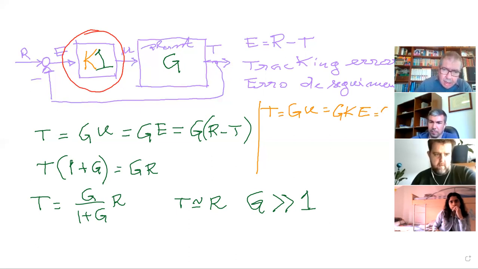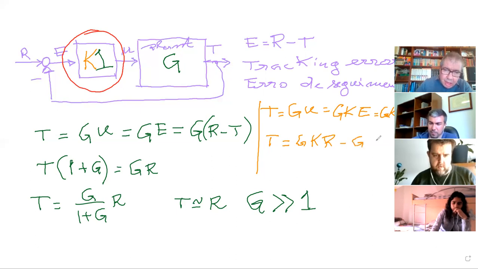G, K, and then expressing E as R minus T. And this means that I have T is GK(R minus T).